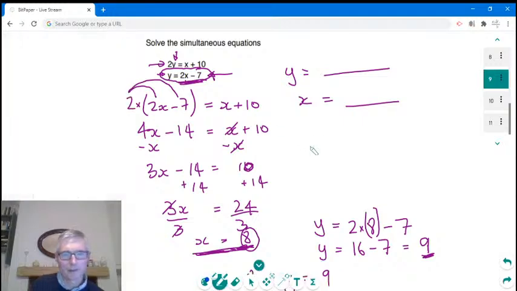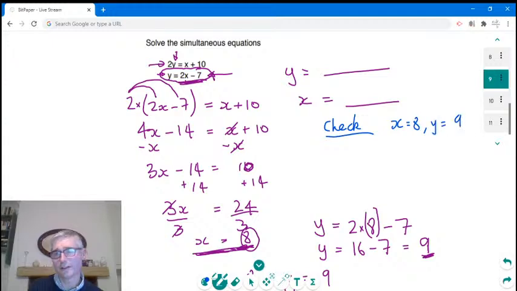But if I was to do a final check now, what I could do is put my value of x equals 8 and y equals 9 into the first equation. And if we've done it right, it should work. So let's have a look at that and hope that I have actually done it right.